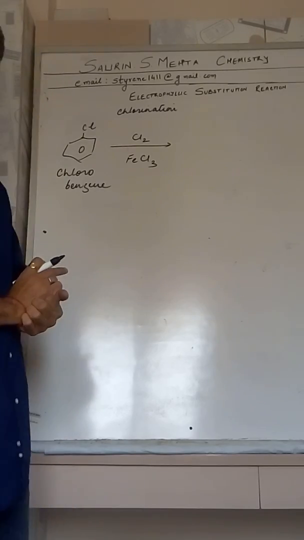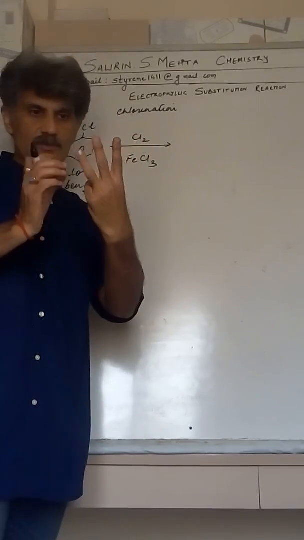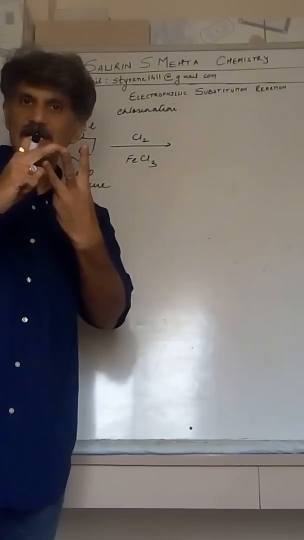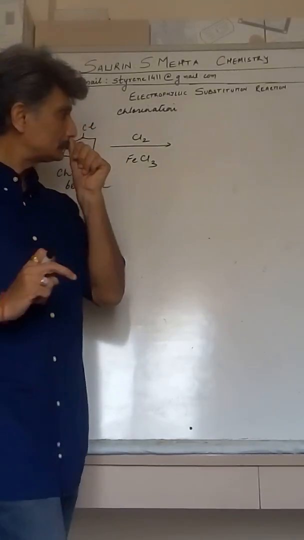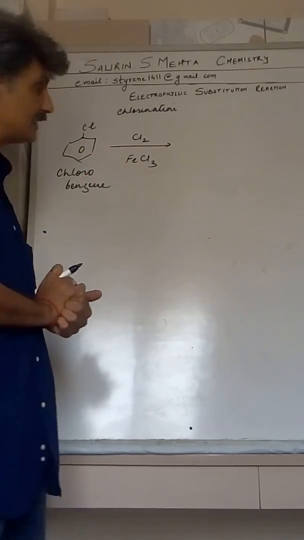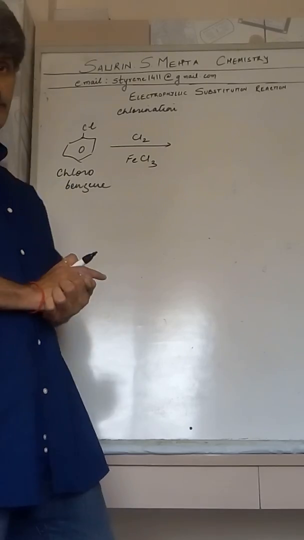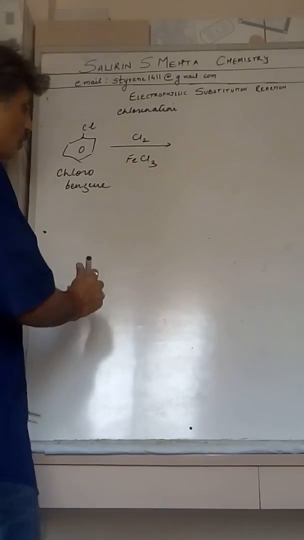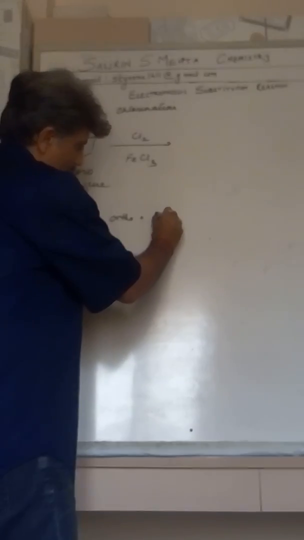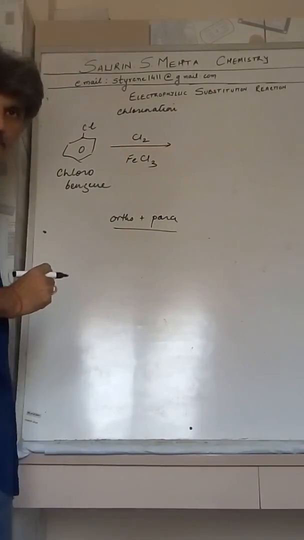Now this Cl group, you know there are three possibilities of the position: one ortho, one meta and one para. As far as the chlorine on benzene is concerned, which is electronegative, it has got two directive effects, that is ortho as well as para.